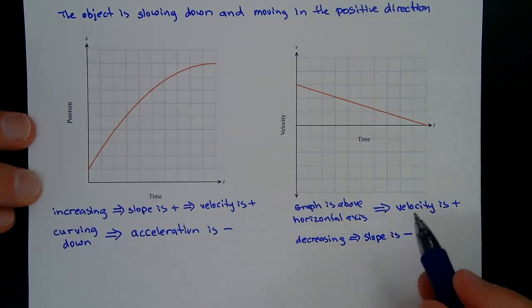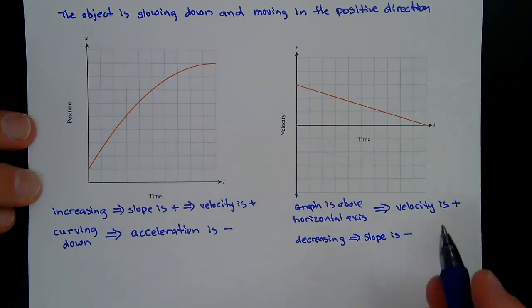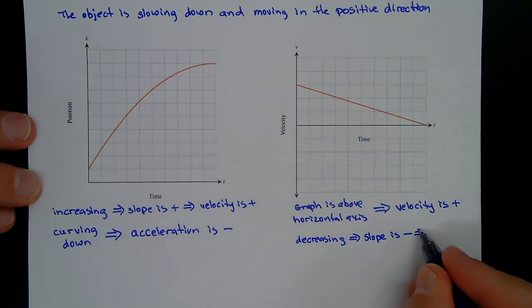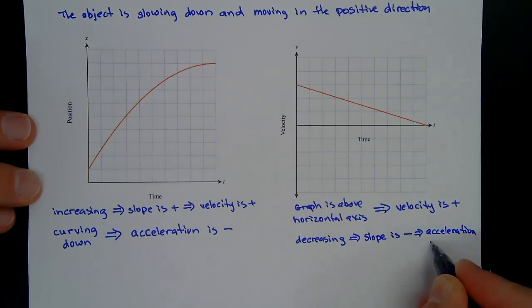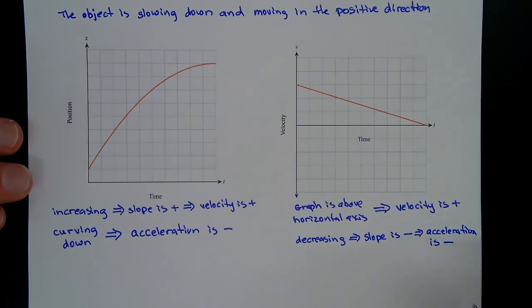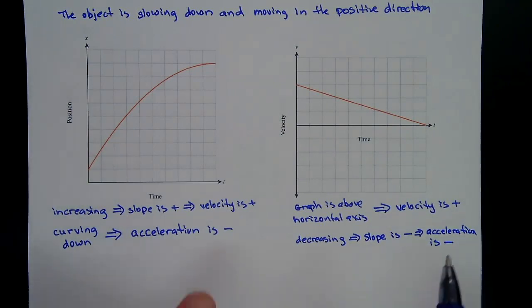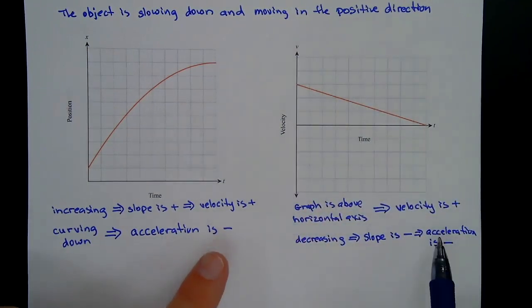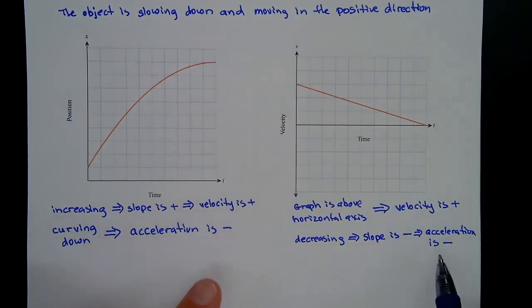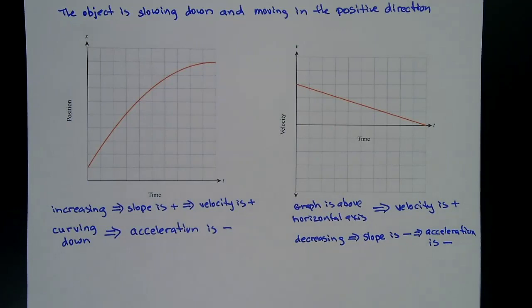And the slope, once again, for the velocity time graph, that slope is the acceleration. So the acceleration is negative. So because their velocity is positive, that's why we're going in the positive direction. Since these are opposite signs, that's how I know it's slowing down.